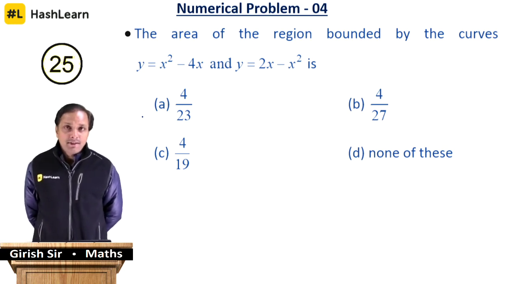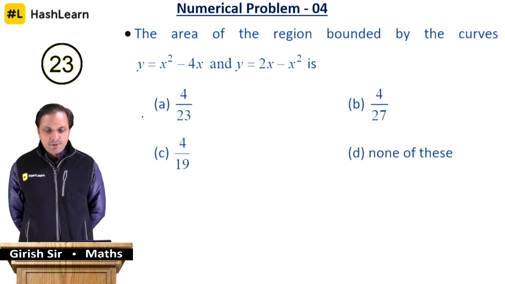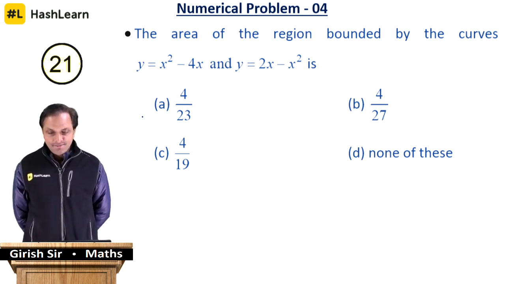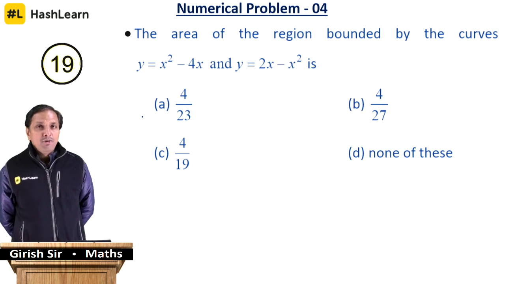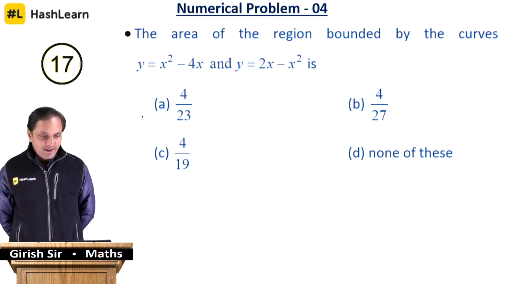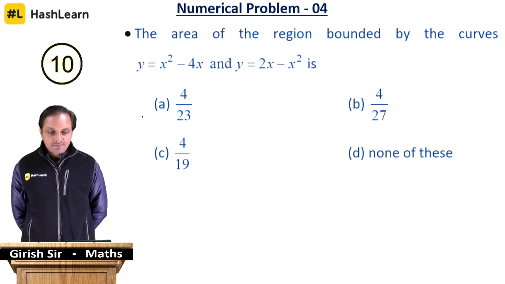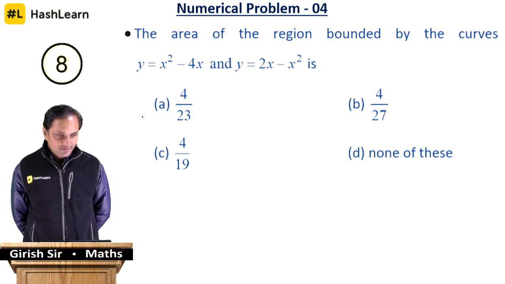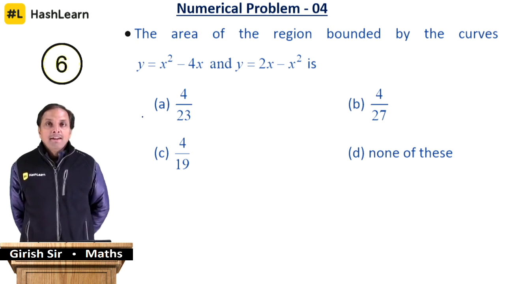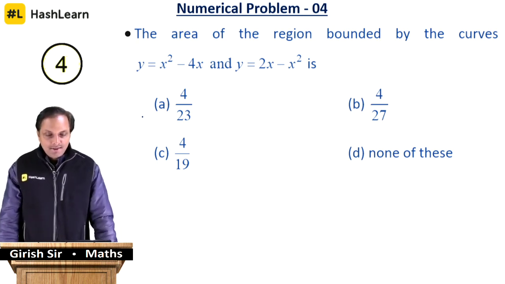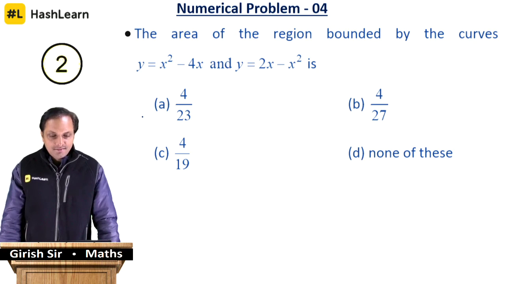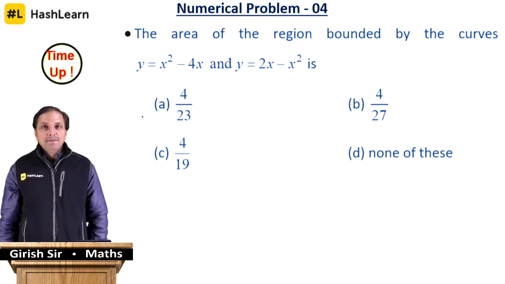Y is equal to x square minus 4x and y is equal to 2x minus x square. One will open upward and one will open downward. Yeah, 15 more seconds. Yeah, your time is up.